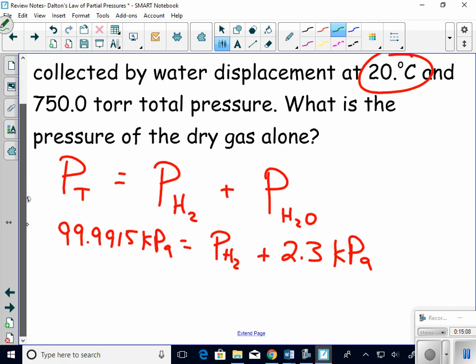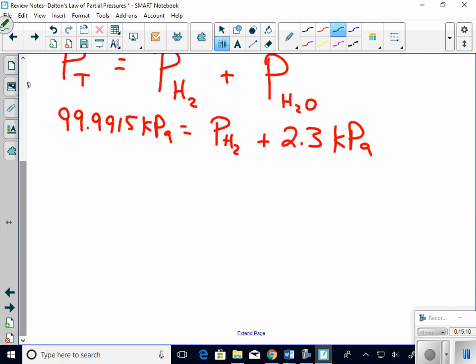When I do the math, can you do the math to solve for the pressure of the hydrogen gas? I hope so. Take 99.9915 and subtract 2.3. So I'm going to get 97.7915, right?